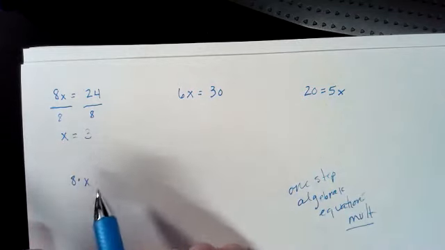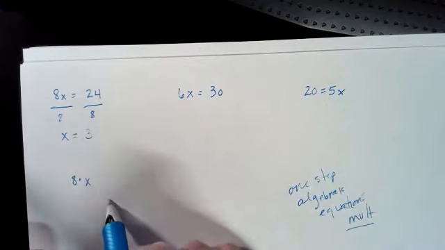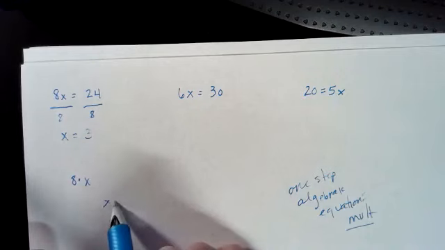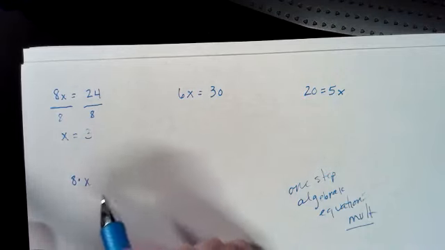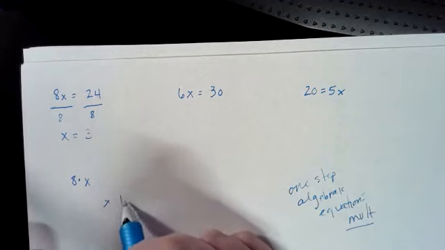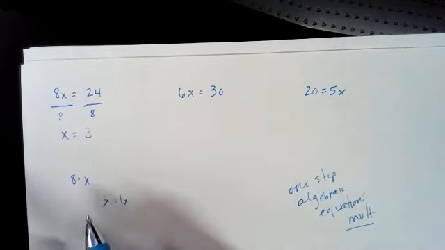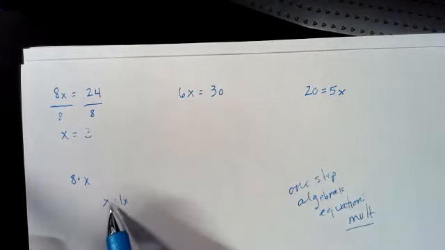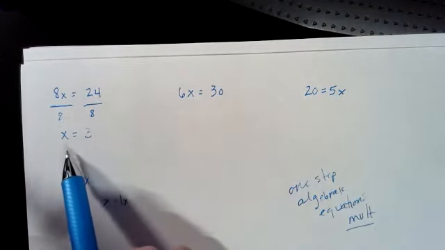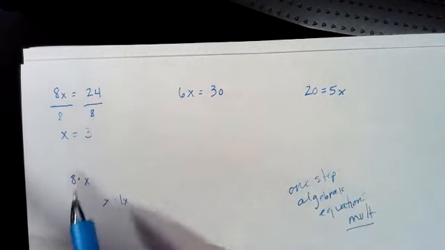Now, when you have an x all by itself, or any letter, any variable, it's the exact same thing as 1x. We just don't use the 1. So anytime you see an x all by its lonesome, it's the same as 1x.